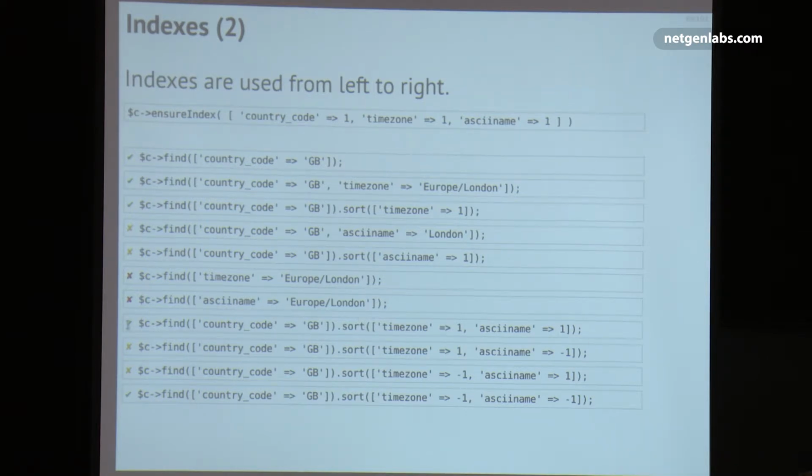So there's 2 with a green tick, because the finding is still fine, and it has the sorting in the correct order of the index. It's both sorting ascendingly, just like in the index, so it can use the index for that. In the last example, we're sorting both the other direction, meaning that the index can also be used. For the 2 in the middle, the index will only be used for the country code match.